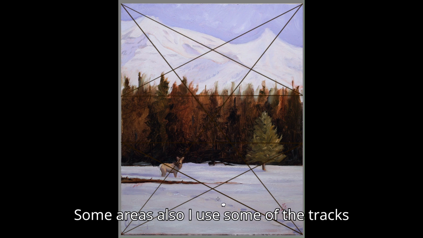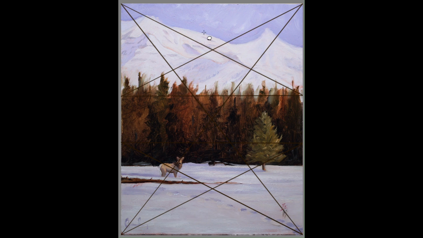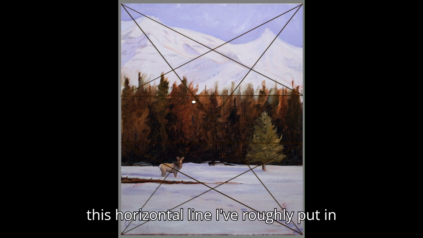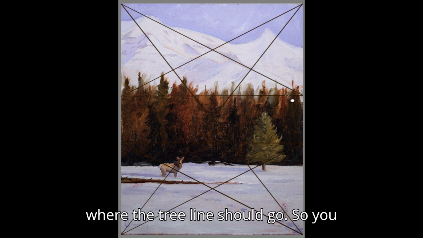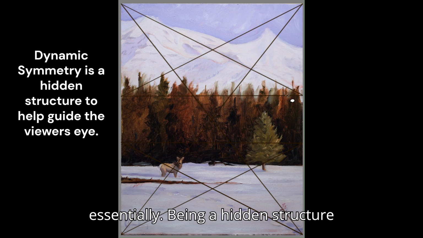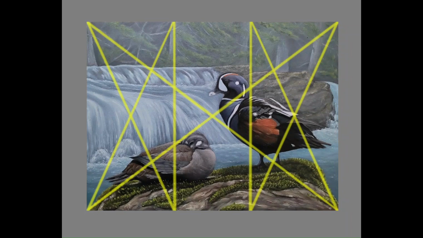Some areas also, I used some of the tracks here to roughly follow the line here, and same with the mountain. And here, this horizontal line, I roughly put in where the tree line should go. So you should think of dynamic symmetry as essentially being a hidden structure that helps guide the viewer's eye.